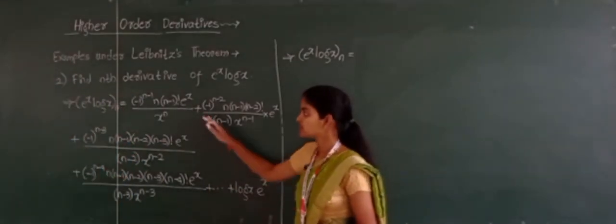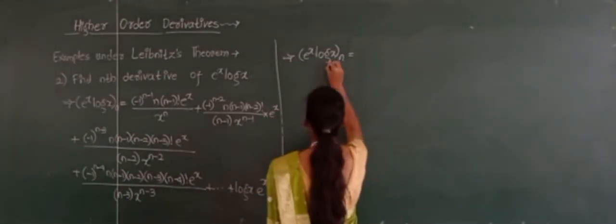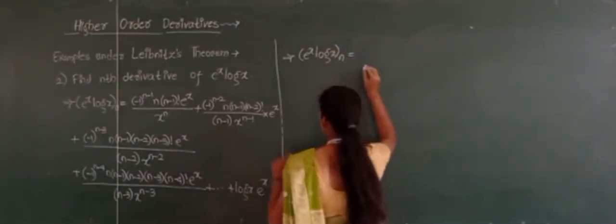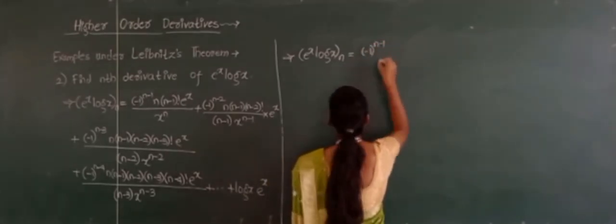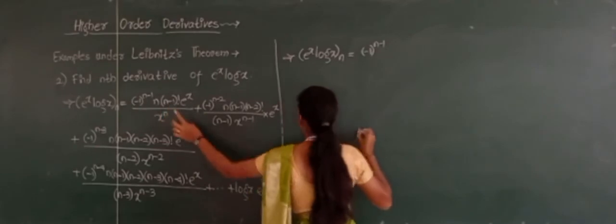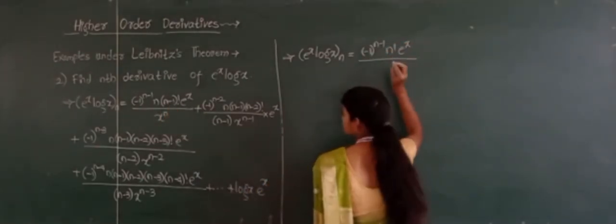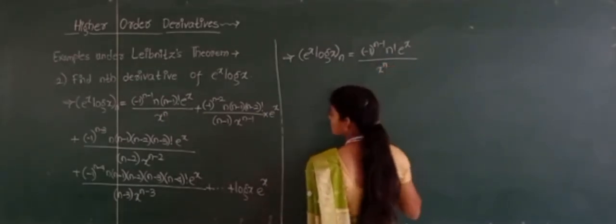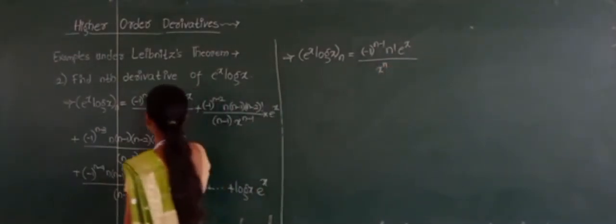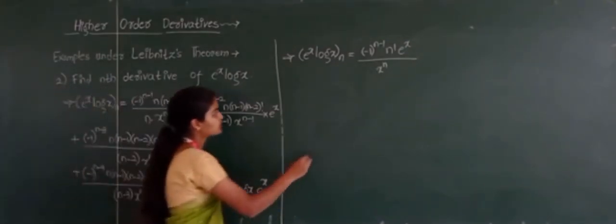Then next, simplifying these terms, what we will get? e raised to x, nth derivative of log x is equal to minus 1 raised to n minus 1, and n into n minus 1 factorial becomes n factorial into e raised to x divided by x raised to n. Here we multiplied and divided by n, so you should get here n into x raised to n.